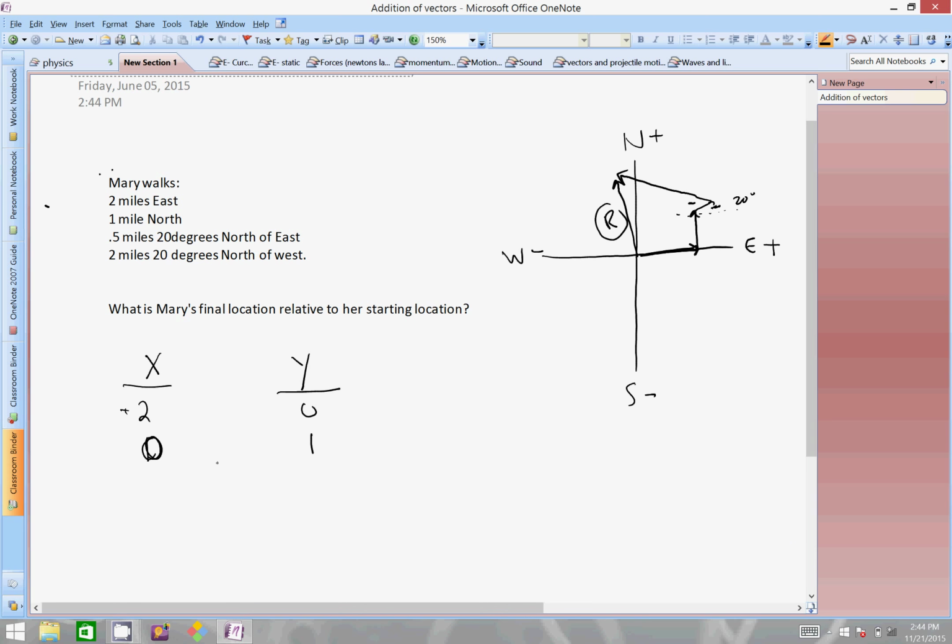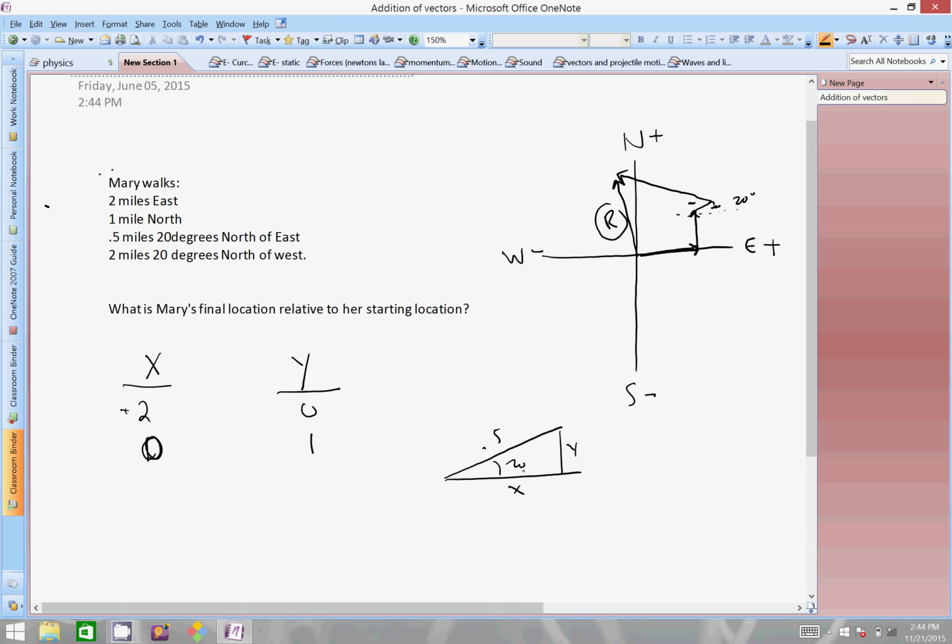Now for the next leg, I have 0.5 miles north of east. Drawing this out a little bit, the angle is 20 degrees. This is 0.5 miles and it's north of east, so this is my y component and this is my x component. I will be getting some of each.